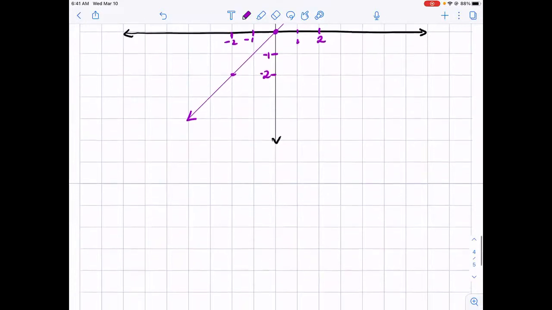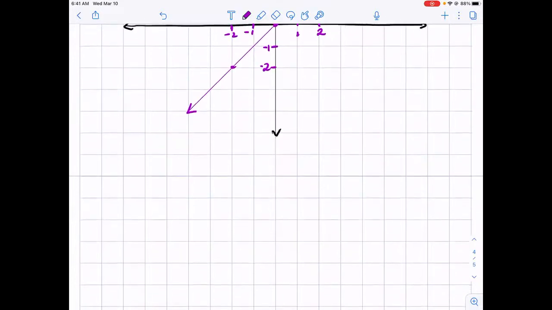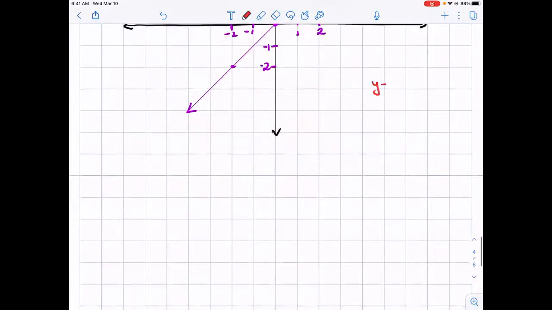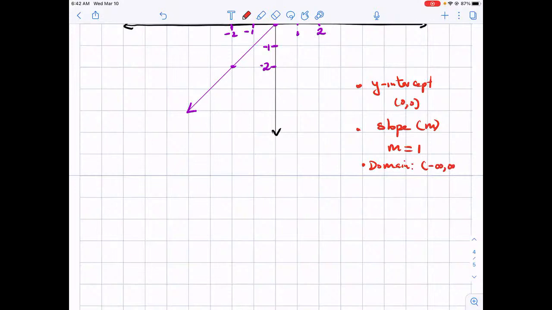So what are some of the characteristics of the identity function? Notice that the y-intercept is (0, 0). The slope m is equal to 1. Also, you should notice that the domain is -infinity to infinity.